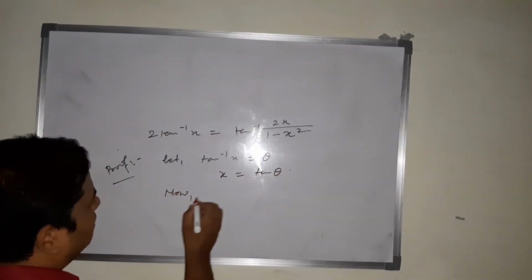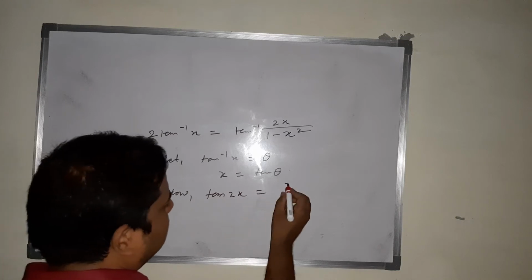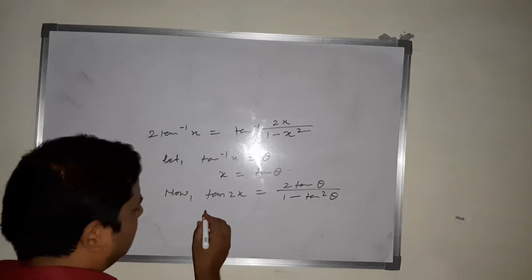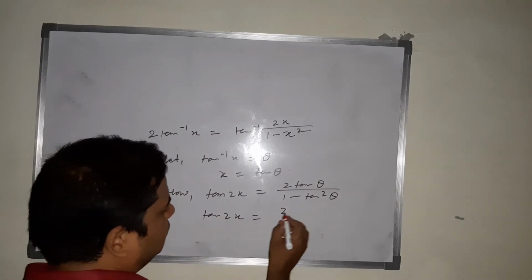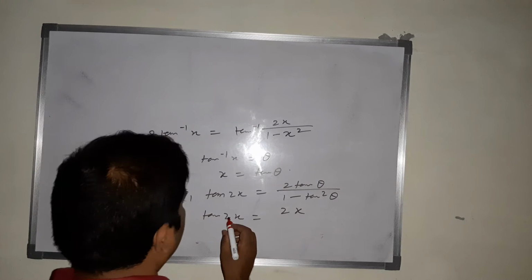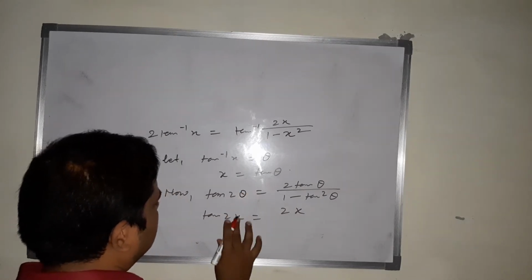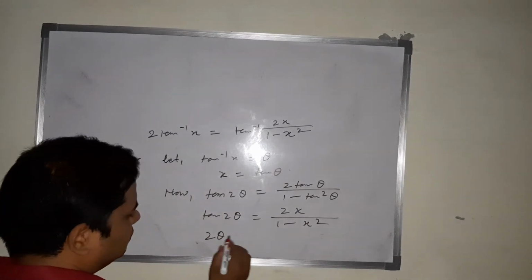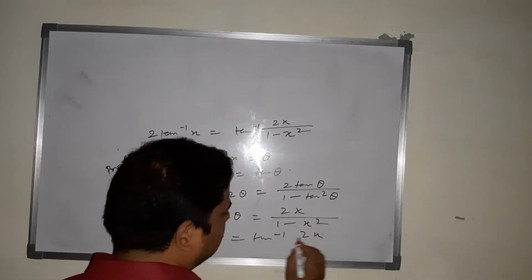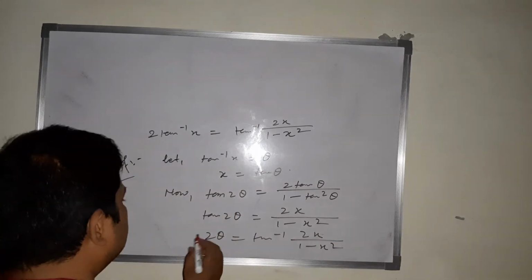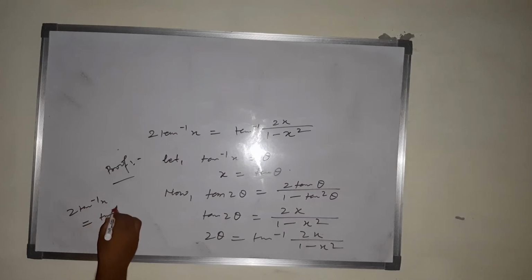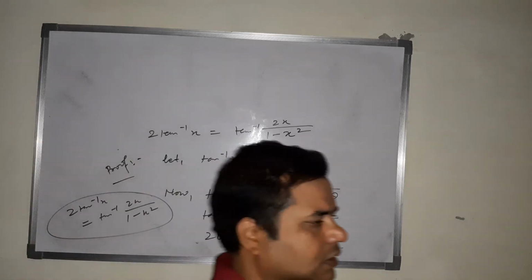Now tan 2 theta is equal to 2 tan theta divided by 1 minus tan square theta, which is 2x upon 1 minus x square. So 2 theta is equal to tan inverse of 2x upon 1 minus x square. So 2 tan inverse x is equal to tan inverse of 2x upon 1 minus x square. This is the proof of the third one.